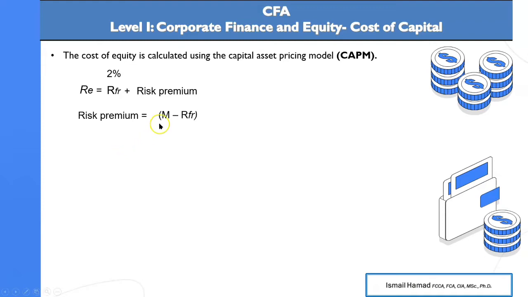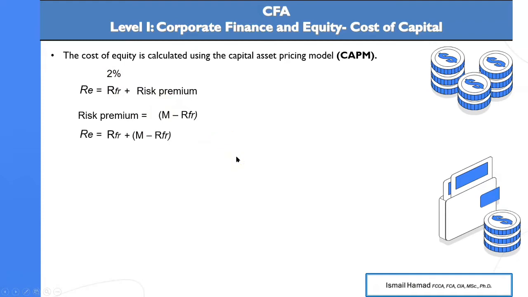The risk premium will be market return minus risk-free rate of return, that is 8%. So required rate of return or cost of equity is the 2%, that is the risk-free rate of return, plus risk premium, which is market return 10% minus 2%, which gives 8. 8 plus 2 will give the 10%, that is the market return.